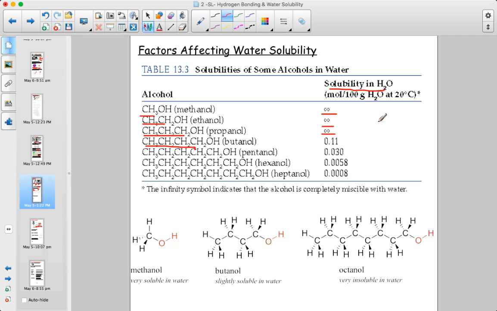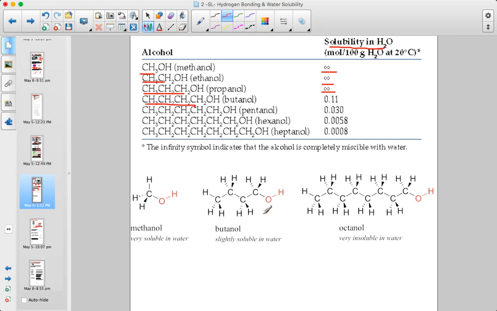So solubility is dropping. And the reason why, if you think about it, is that the water is really only attracted to the OH group. That's the only part of it that it can form hydrogen bonds with. So the smaller the molecule, the better water can surround this molecule and dissolve it. As the hydrocarbon chain, or the non-polar part of the molecule, which is what the C and H part is, is completely non-polar, water doesn't attract that part.